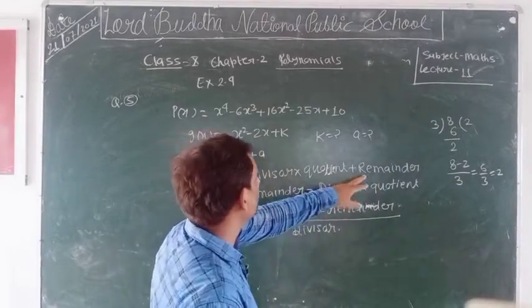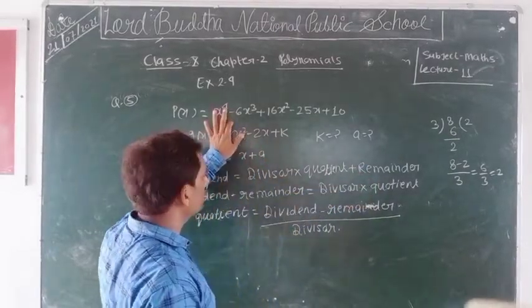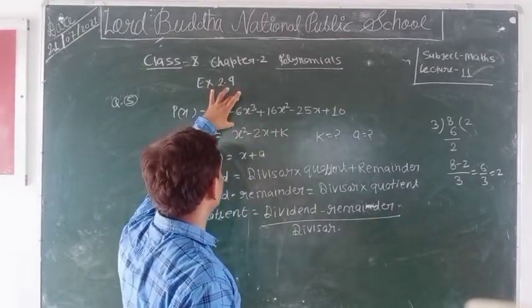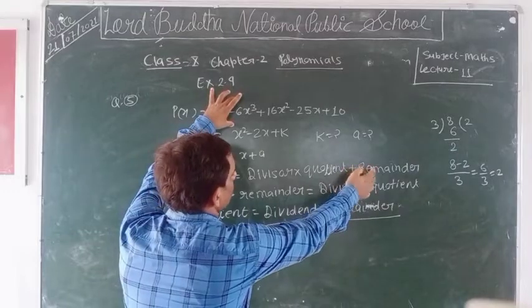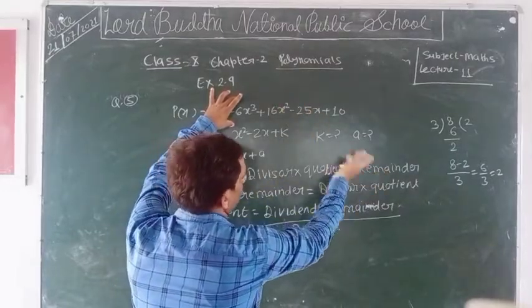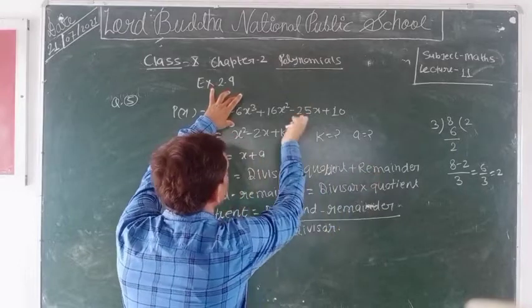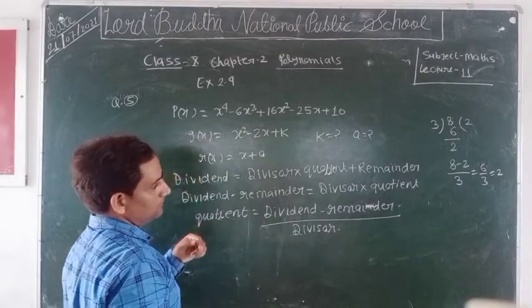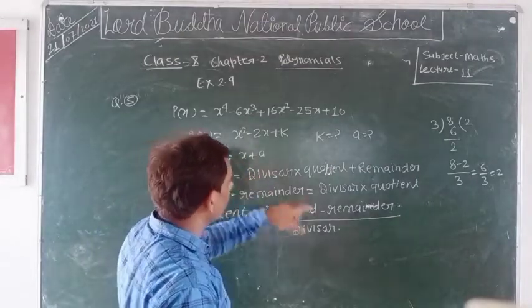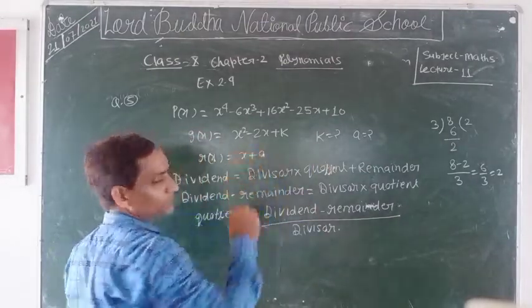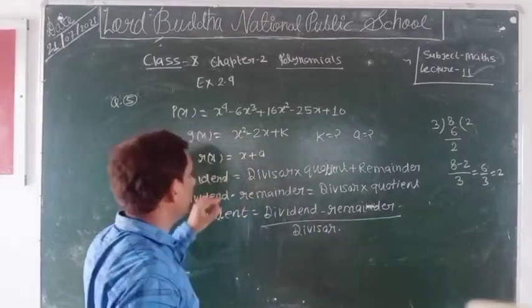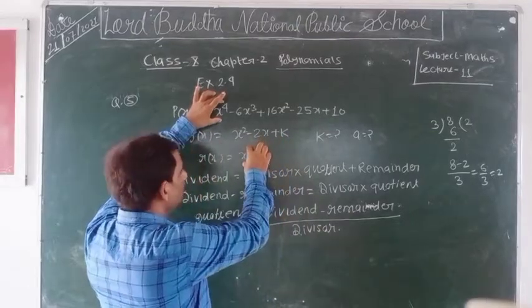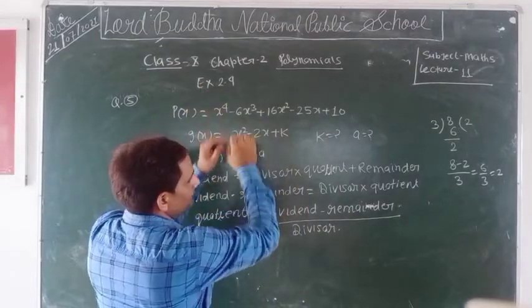After that, we subtract the remainder from this polynomial and then we divide by the divisor.